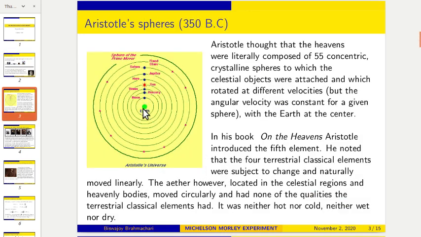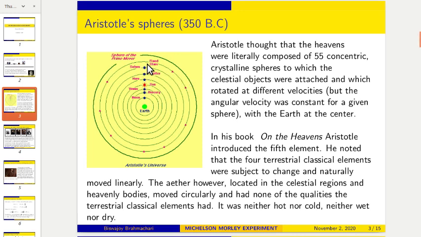Earth was in the center of the universe, and then there were these spheres: Moon, Mercury, Venus, Sun. So Earth is the center, the Sun is also in a rotating sphere, then Mars, Jupiter, Saturn.